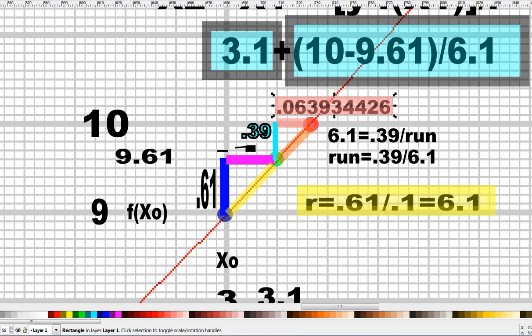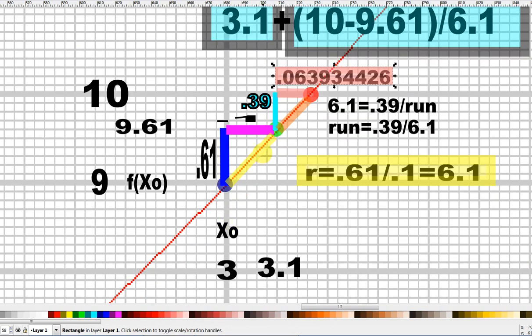And so to recap one last time, if we start right here at 3.1, our green point, and I guess I should make that a little bit smaller.